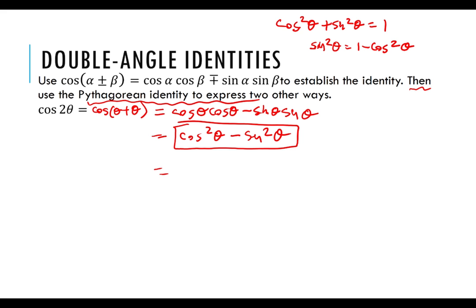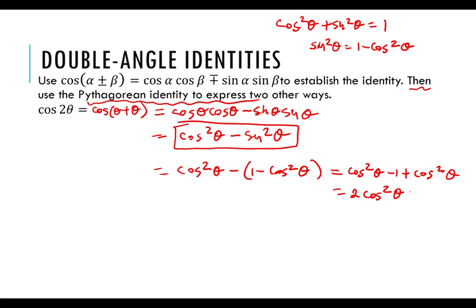And so that means another representation of this is cosine squared theta minus, in parentheses, 1 minus cosine squared theta, which then I can distribute that negative. That's going to be cosine squared theta minus 1 plus cosine squared theta, which then cleans up to be 2 cosine squared theta minus 1. So that's another good representation.